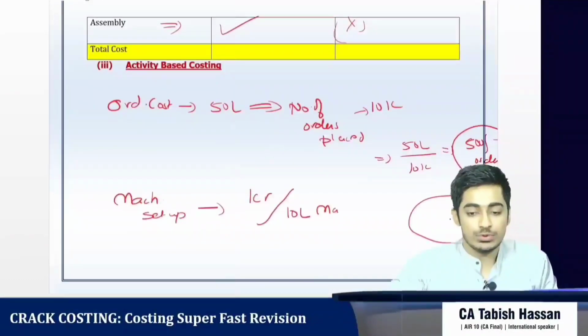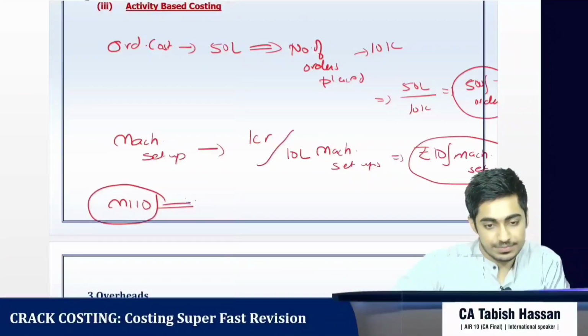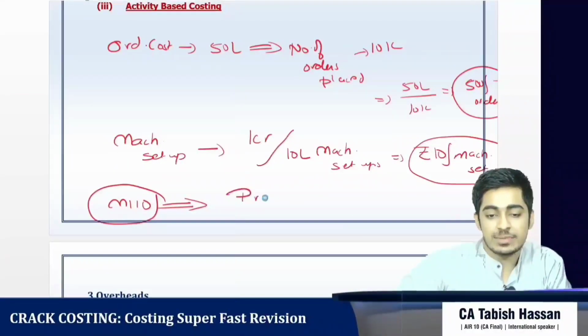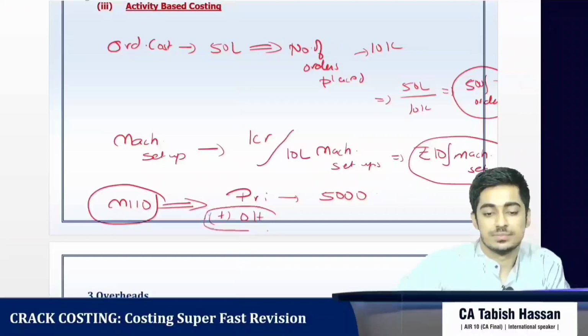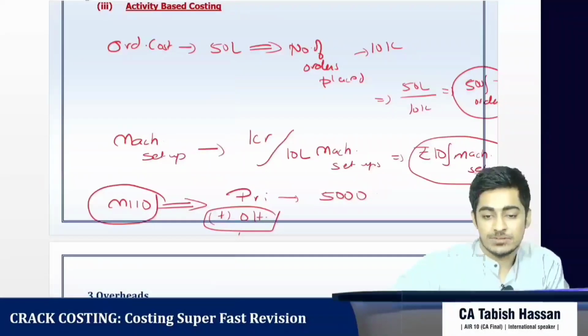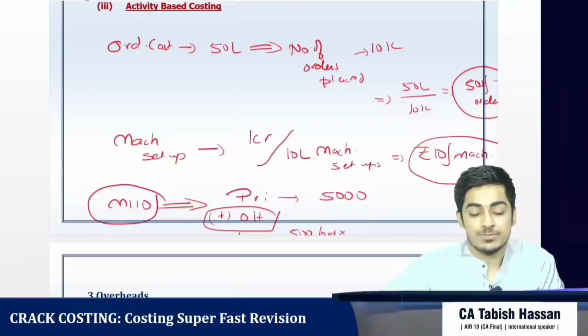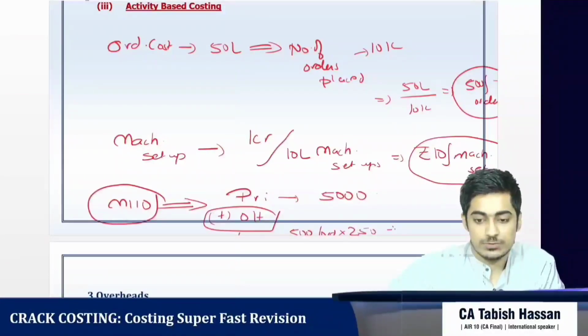And now what we do, suppose we are manufacturing MI10 phone. So we already have the prime cost at 5,000 rupees. Now we have to add the overheads. We know that the ordering cost is 500 per order. Say for example, in a year we've placed 250 orders, which comes to 1.25 lakh.